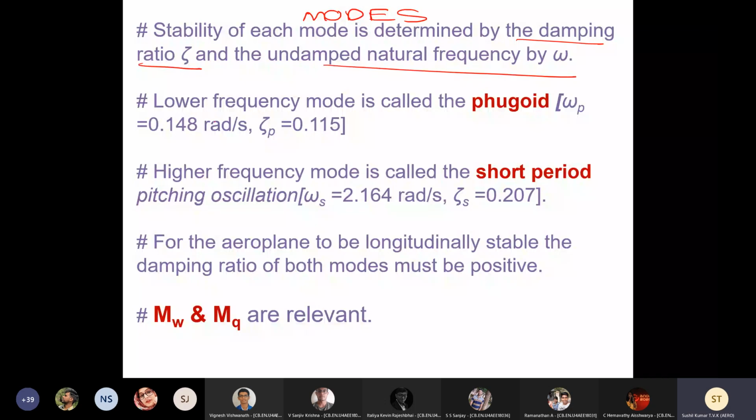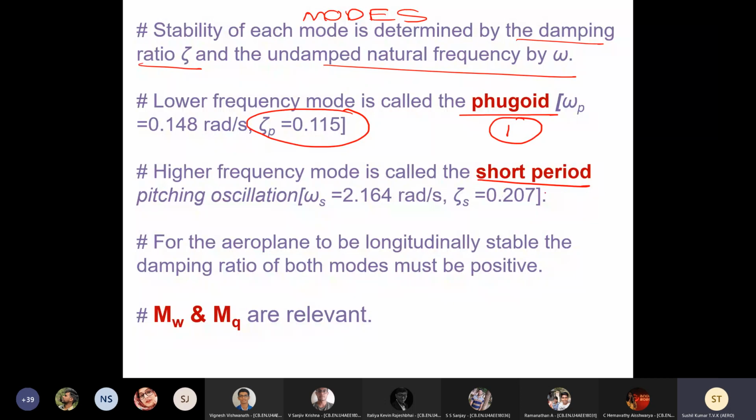Now come the two modes in longitudinal motion. The first one is called phugoid, which has a very low damping ratio. The second one is short period. As the name says, the period itself is short, so its damping ratio is higher.